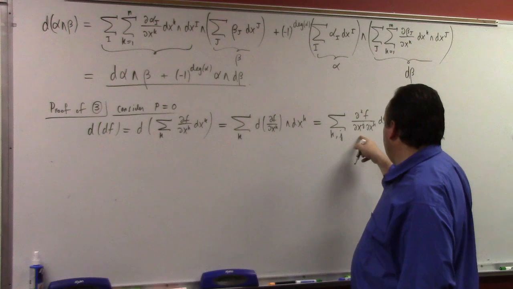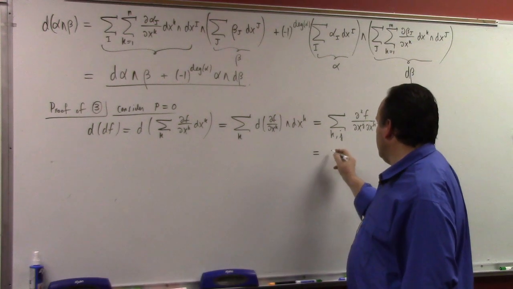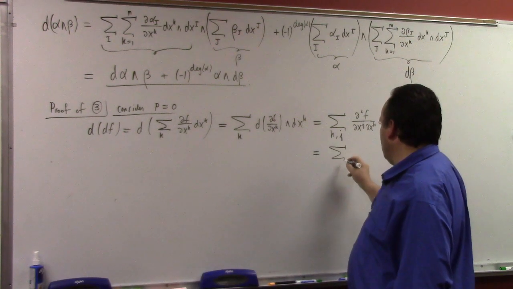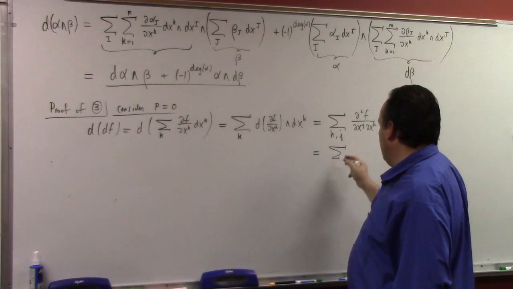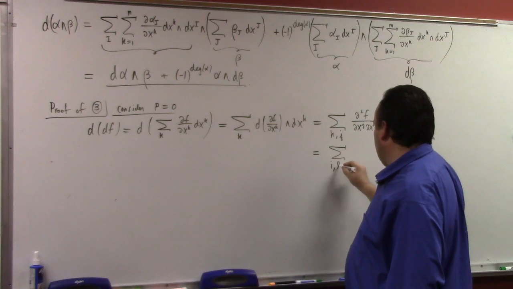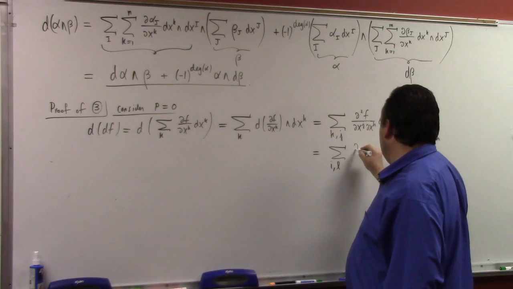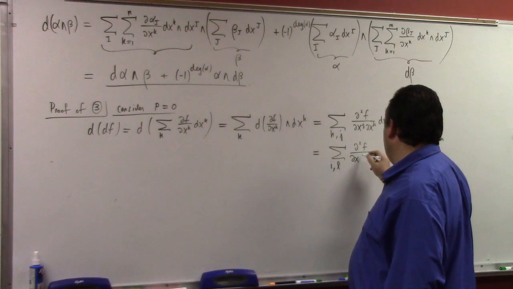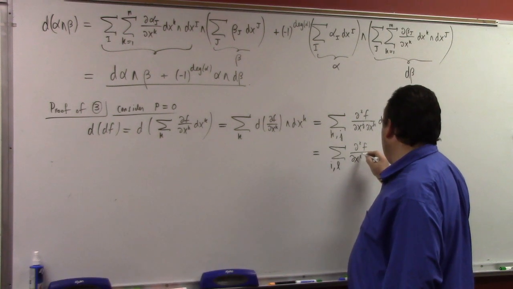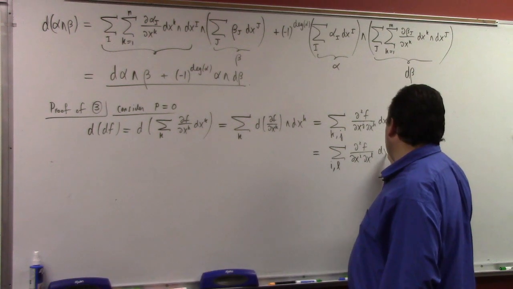I can write this as equal to the sum over, let's say, other indices, how about I and L, of partial squared f, partial xi, partial xl, dxi wedge dxl, right?